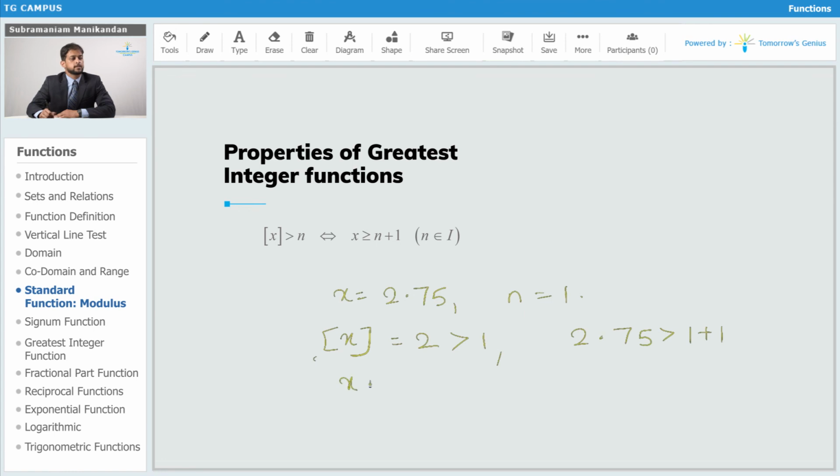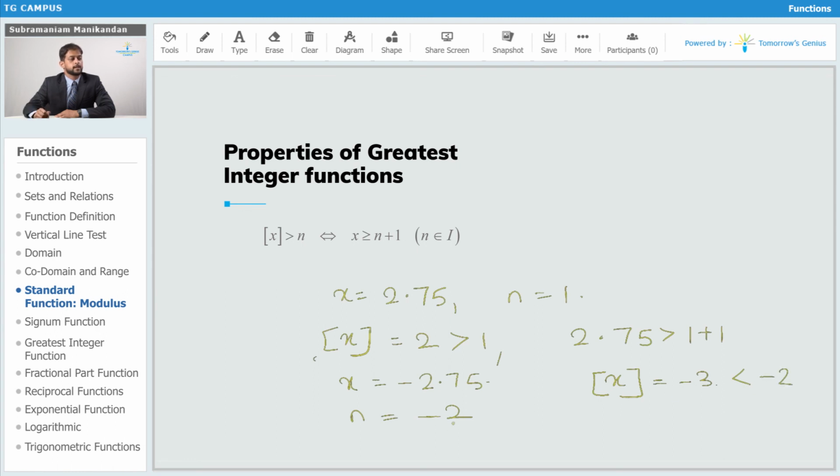Similarly, if x is equal to minus 2.75, then n is equal to minus 2. Then this is not the case. Box of x is equal to minus 3, and minus 3 is less than minus 2.